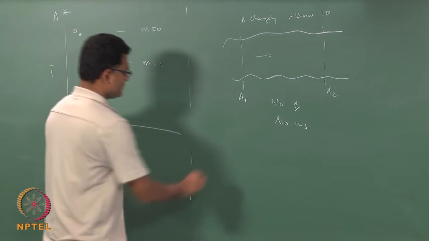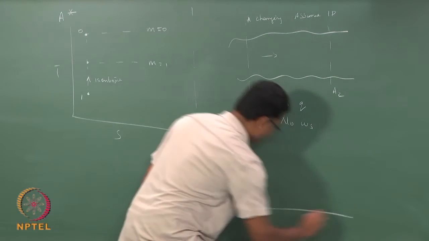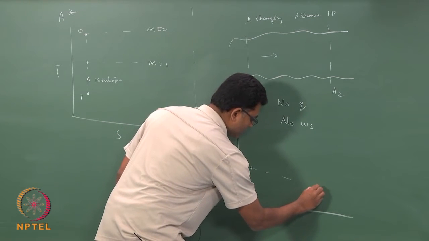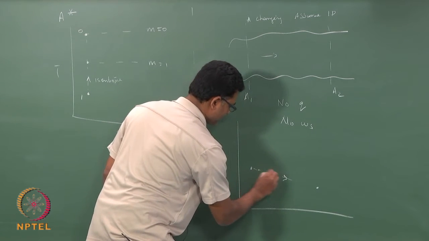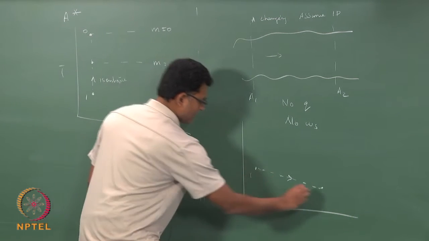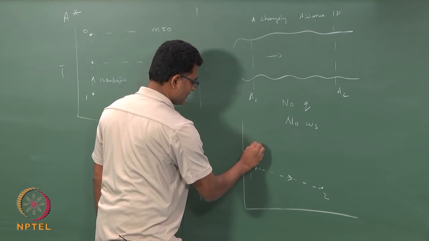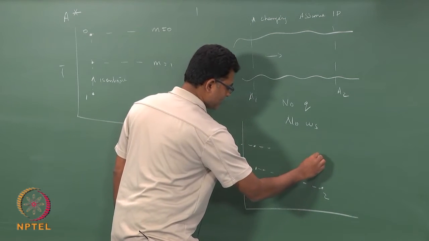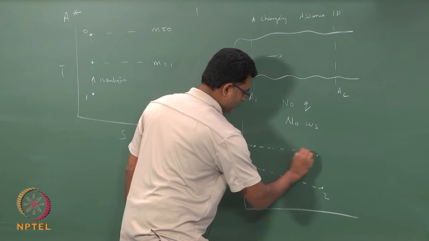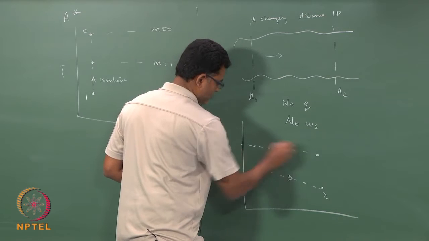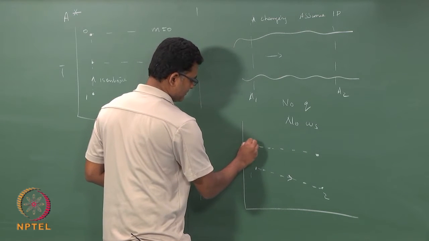So, I would draw the TS diagram for such a process from 1 to 2. So, 1 has a star value somewhere here, 2 has a star value somewhere here. For the time being, I am drawing it in the same line. We will see why it is in the same line.